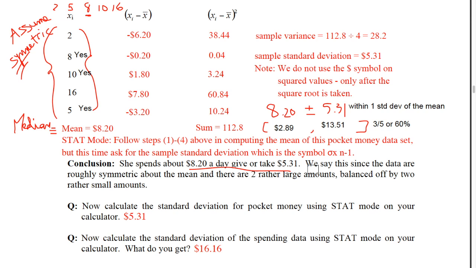What about 2 standard deviations? Make an interval for 2 standard deviations. What do you get? So that would be $8.20 plus or minus 2 times 531.